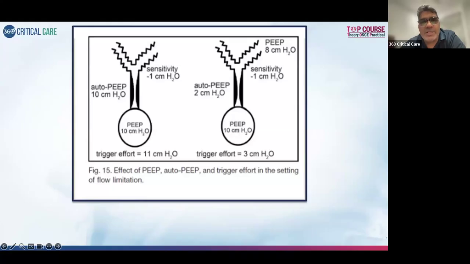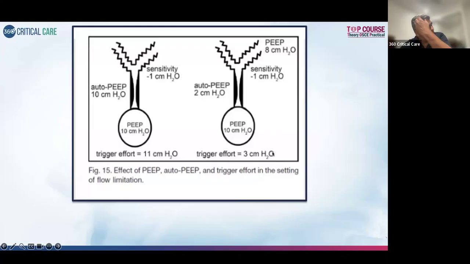But if we put some extrinsic PEEP of 8, that PEEP and that PEEP counteract each other, causing splinting of this airway, keeping it a bit more open, and the effective PEEP difference becomes 2, the auto PEEP becomes 2, and the patient can have some air entry into this and also air going out of it with a lower effort.